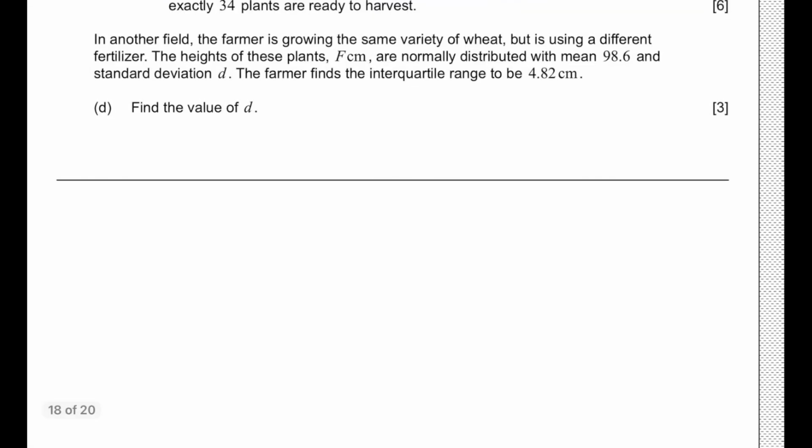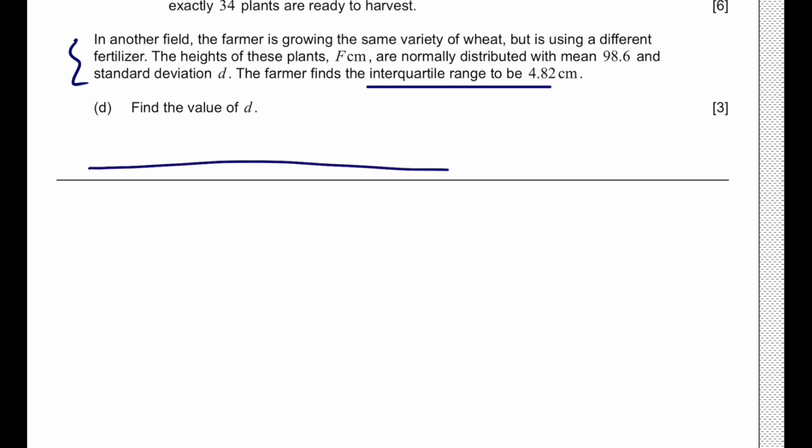Then let's try question number D. We have another piece of information. In another field, the farmer is growing the same variety of wheat but using a different fertilizer. The heights of these plants, F, are normally distributed with mean 98.6 and standard deviation D. The farmer finds the interquartile range to be 4.82. So we're going to use the interquartile range to calculate the D value.